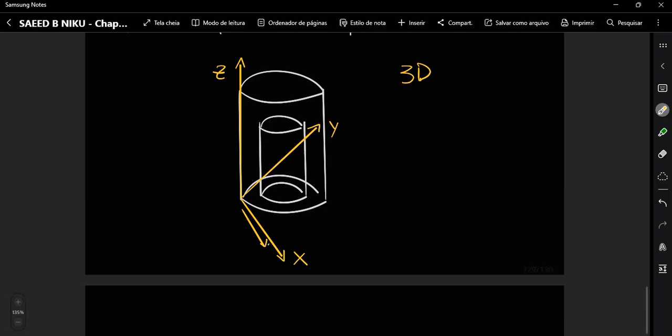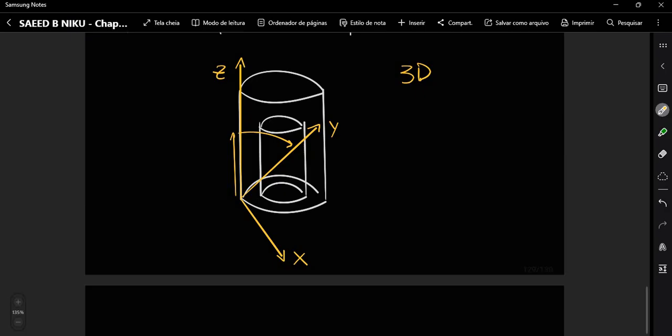So the mechanism was on this point, and with the rotation it goes to this point. But let's say we now do a first transformation of translation along the z-axis. So it goes to this point, and from here it can go to this point.